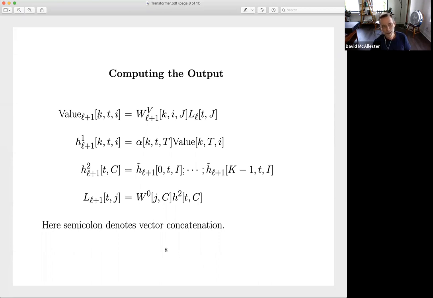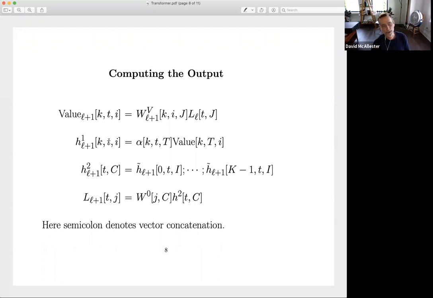We get a value for head k at position t, and that value is going to be a vector, the value vector we're computing. That value vector is computed the same way that the query vector and the key vector are computed. It's just a matrix specific to the value applied to the vector at this position t.